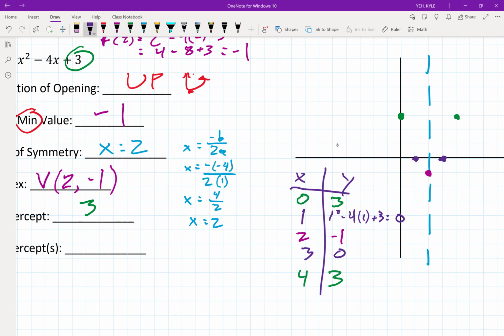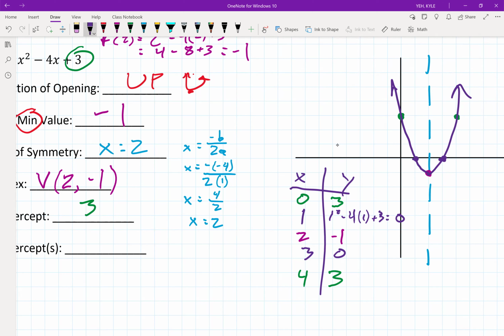Just like that, we have our 5 points. We know that our parabola will look something like that. Let me redo that second half. I kind of missed both of those points. Drawing is hard.